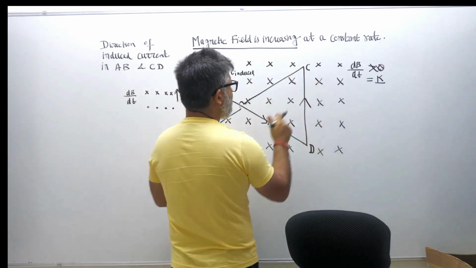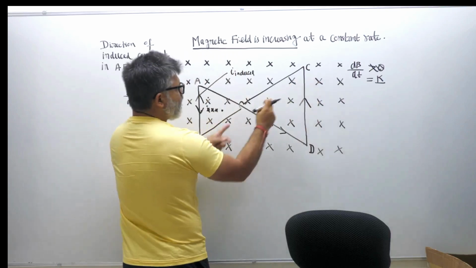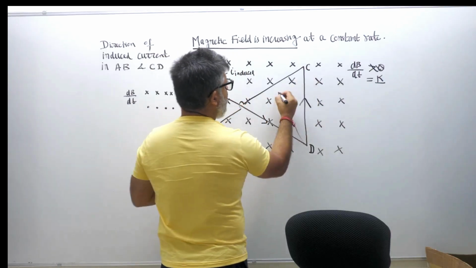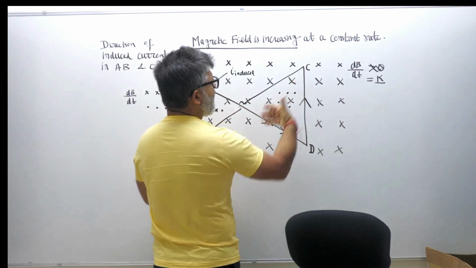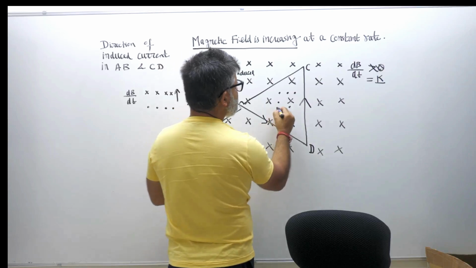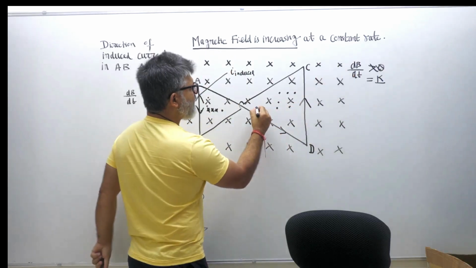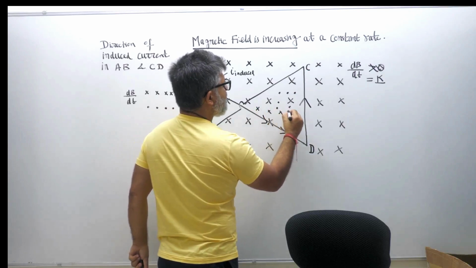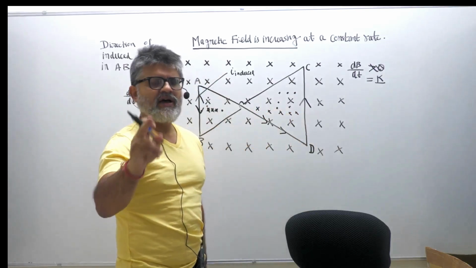So on the left hand side of this loop, the magnetic field is outward. Hold it like this, the right hand rule. So the magnetic field is outward, which is good, because dB by dt is going to increase the magnetic field lines, which we don't want. Lenz's law says oppose this, right?